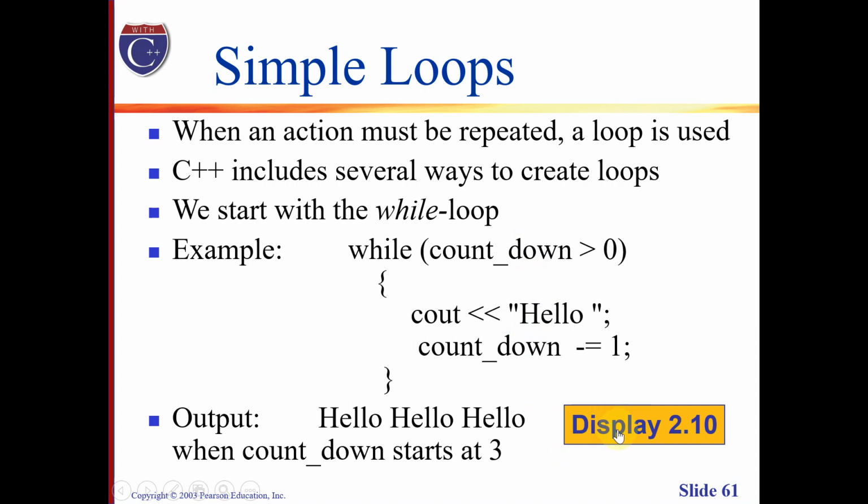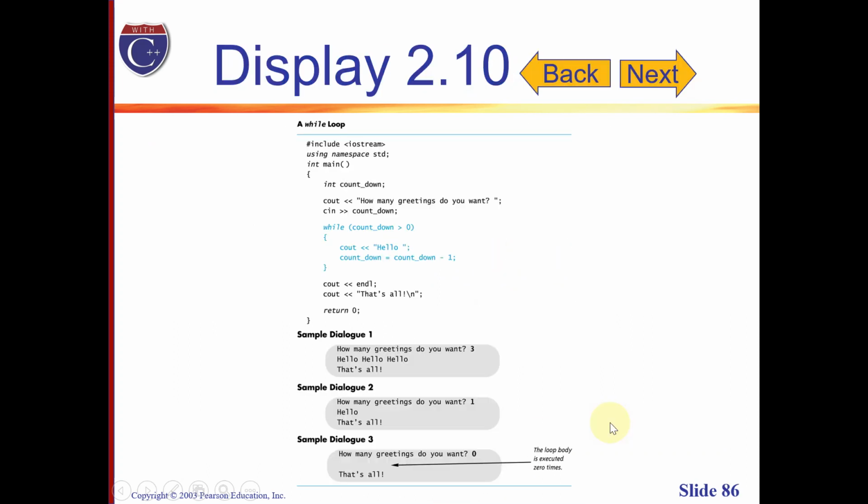If we are going to run this program, it is going to output hello 3 times when countdown starts at 3. In this case, if we will set this variable with an initial value of 3. Here's an example.